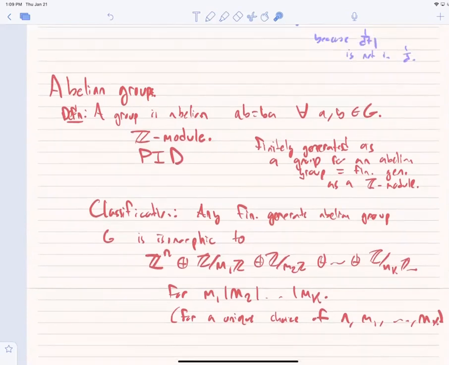This is something you don't spend a lot of time worrying about in a lot of standard undergraduate classes: the distinction between when two things are isomorphic and when they're canonically isomorphic.